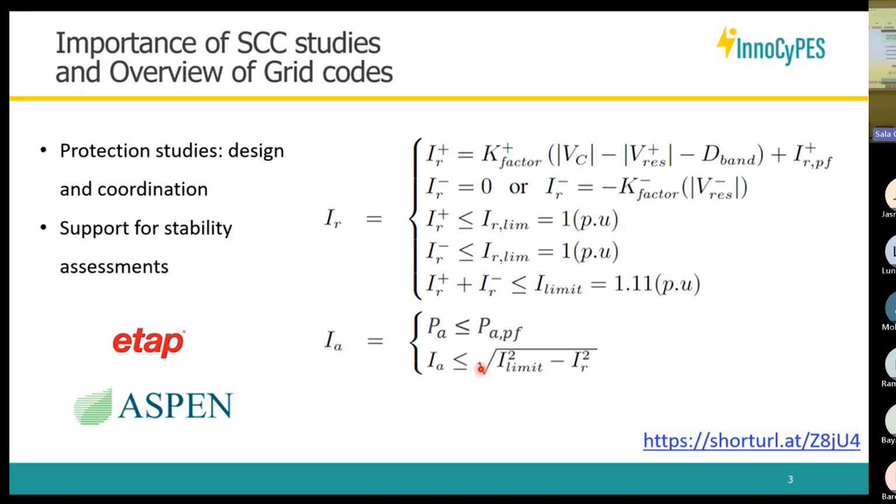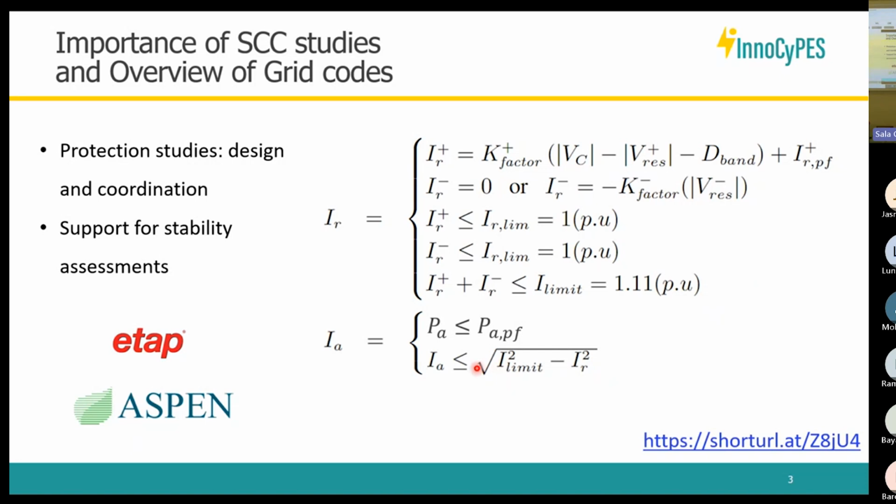And just one detail which is interesting about active injection is that the IBR will try during a fault to inject the same active power that was generated before the fault. But sometimes this is not possible because there is a current limitation related to the capacity of the converter.